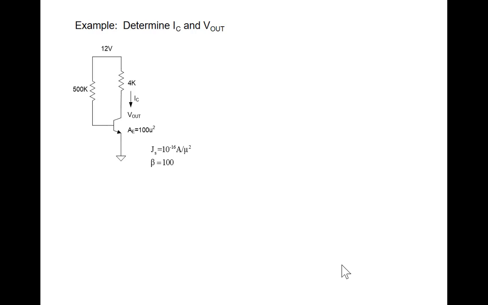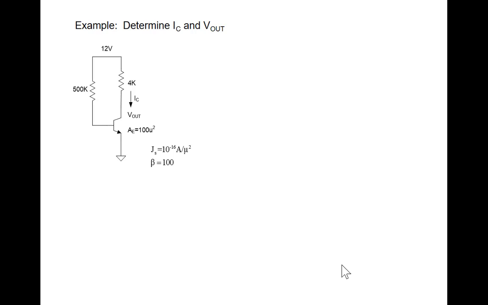Twelve minus 0.8 times 11.4. And what does that come out to be? So 2.88. The whole thing is 2.88. Okay. So that's the output voltage of the circuit.